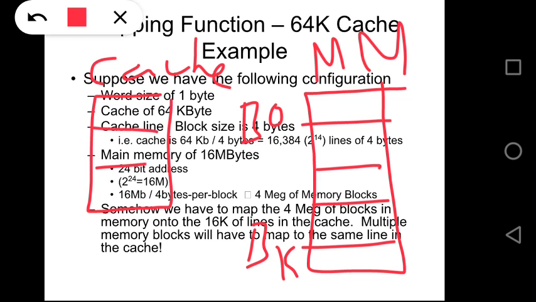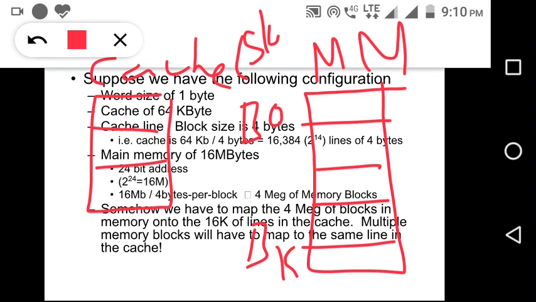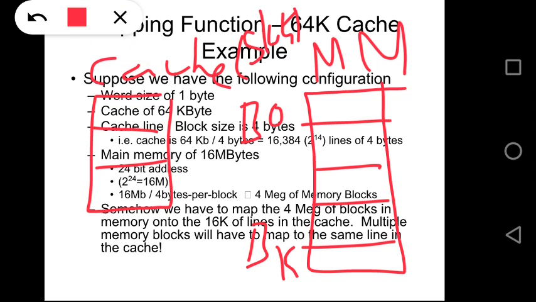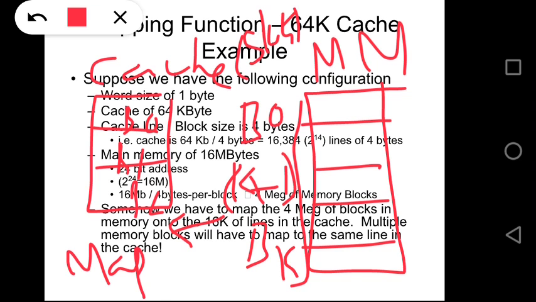This cache is also divided into some blocks which are called slots, B0, B1, B2. So these 0 to K, that is K plus 1 blocks, have to be mapped to any of these slots or blocks in the cache. So this is called mapping.